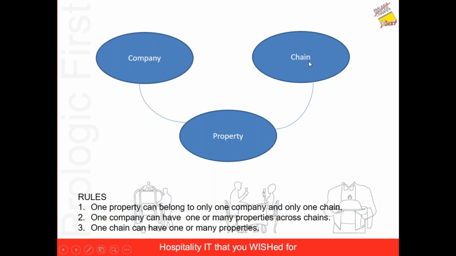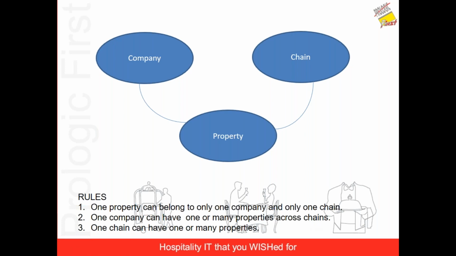So when I say company, chain, and property, the rules that we follow are, first, that one property can belong to only one company and only one chain. A single unit or a single property will always belong to one company and one chain. The second is that a single company can have one or more properties across chains.